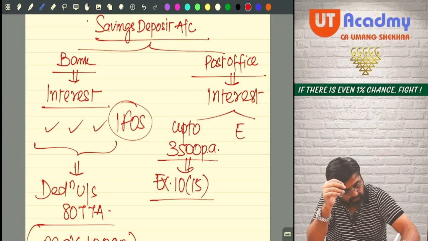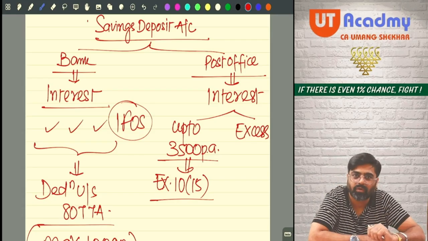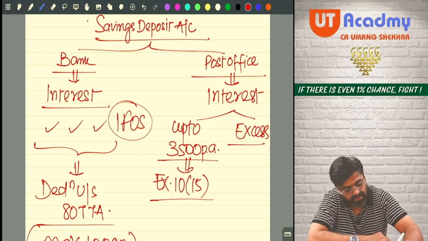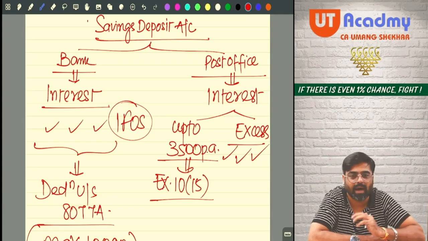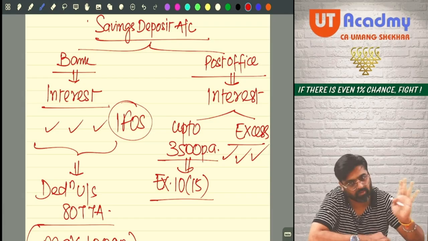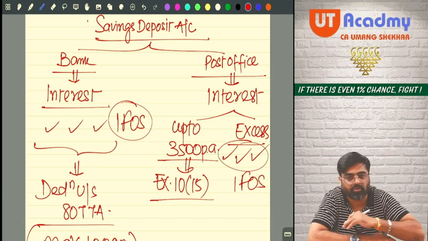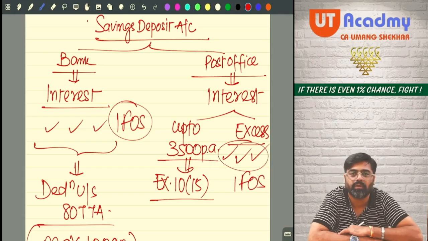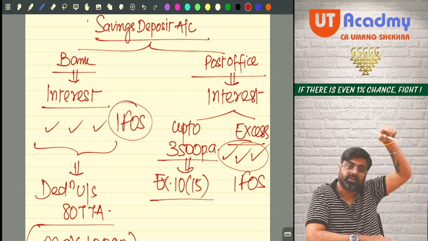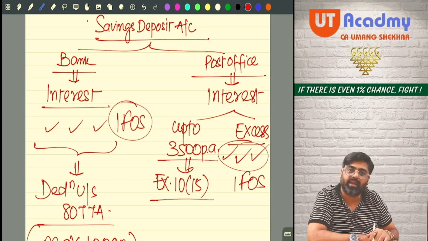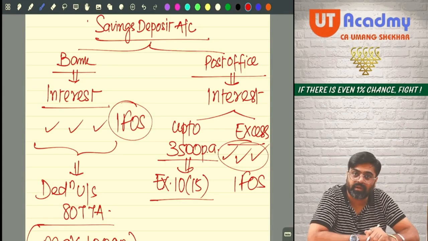If the post office savings account interest is more than 3,500, then 3,500 is exempt. What about the excess interest? Is it exempt? No. So that excess interest will be taxable for you, whether ROR, RNOR, or NR, anyone. It will be taxable under the head income from other sources. Now, have you shown the entire interest as part of your GTI or only the excess over and above 3,500?